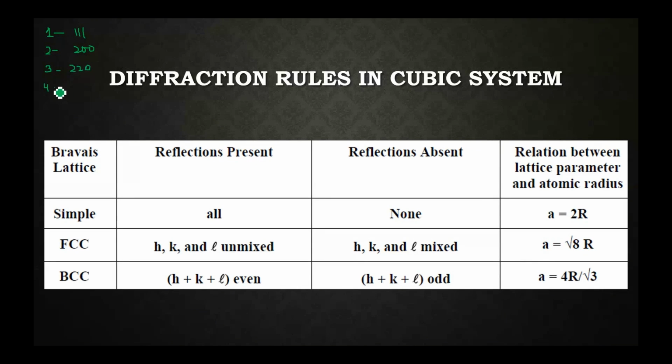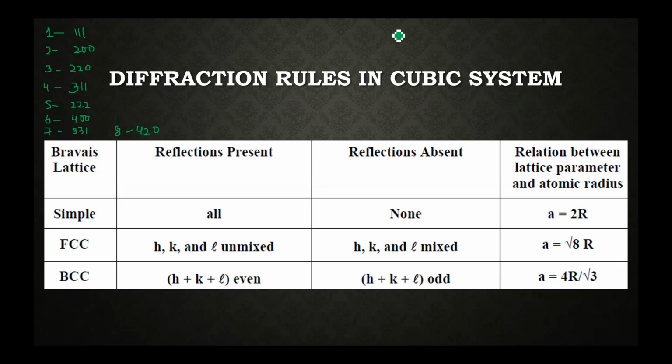For fourth, what was the value? 311. For fifth, 222. For sixth, 400. For seventh, 331. And for eighth, it was 420. All right.